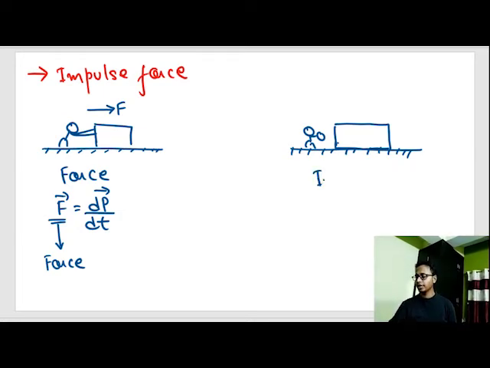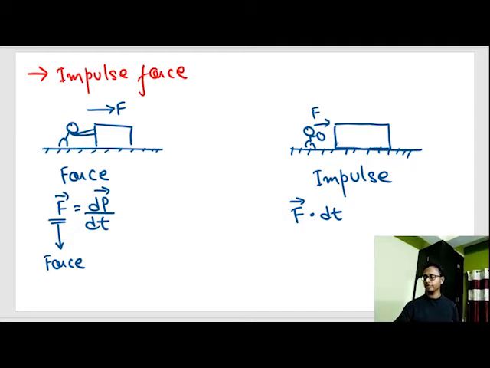That force applied for a very small duration is called impulse. So I just became Bruce Lee and applied a force for a very small time. That is called impulse. In some books that is also called impulse force. Now the mathematical definition of impulse is F dot dt, which is equals to impulse.